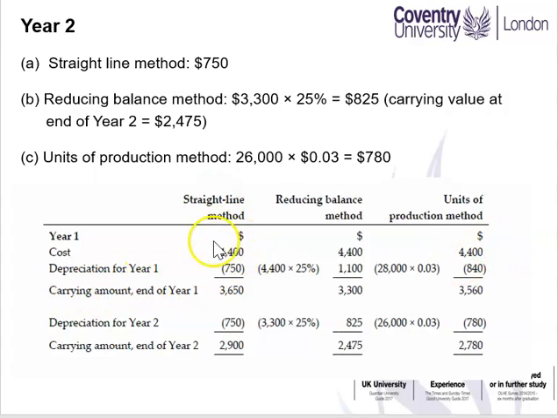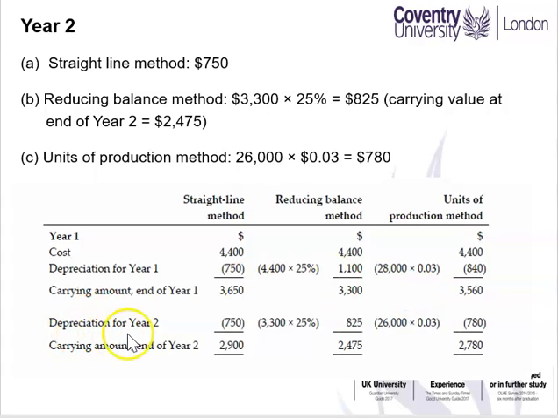For the first year, the straight line was $750, the reducing balance was 1,100, and units of production was 840, leaving a carrying amount or net book value at the end of year 1 of 3,650 under the straight line method, 3,300 under the reducing balance method, and 3,560 under the units of production method. As you can see, because these are accounting estimates, we end up with different figures.